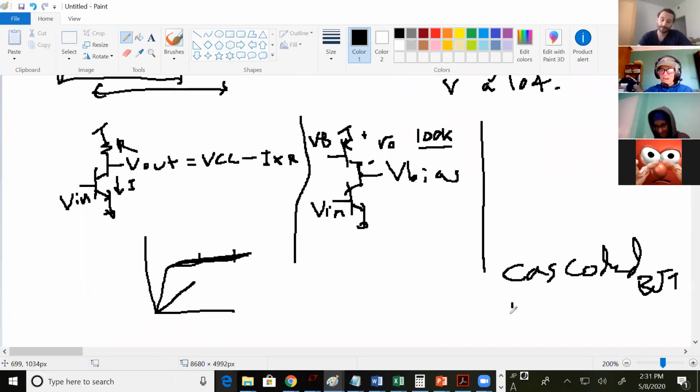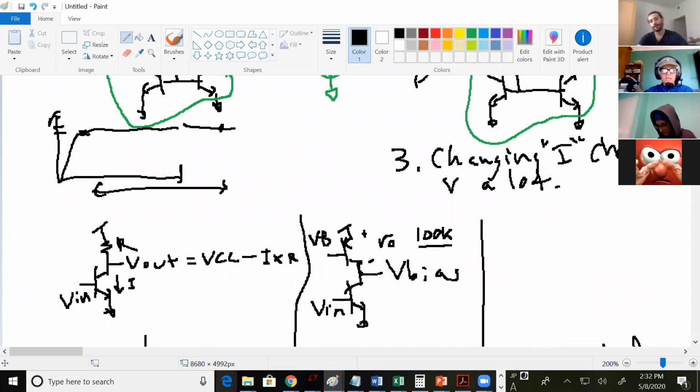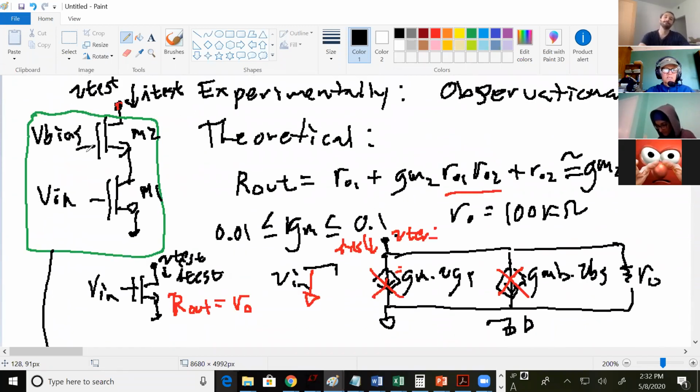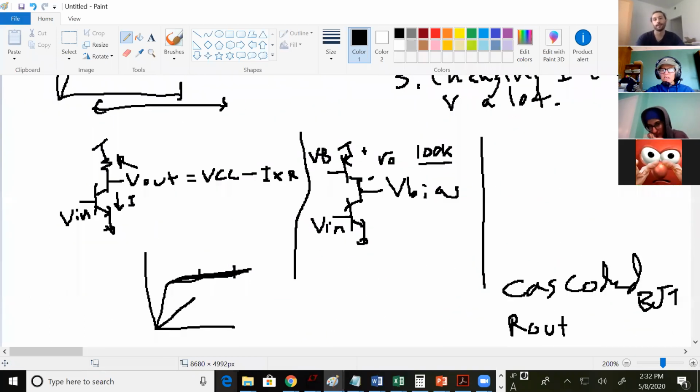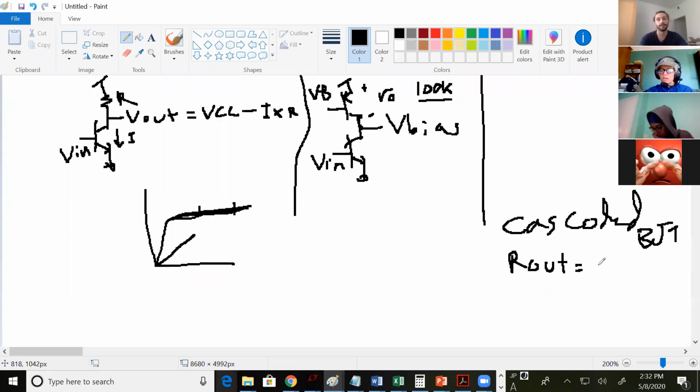It's putting two NPNs on top of each other, just like the MOSFETs. So it's this same circuit, except that's an NPN, that's an NPN, just on top of each other like that. It actually comes out to, again, gm of the second transistor times RO times r pi. I forget the subscripts on these. I'll look them up.